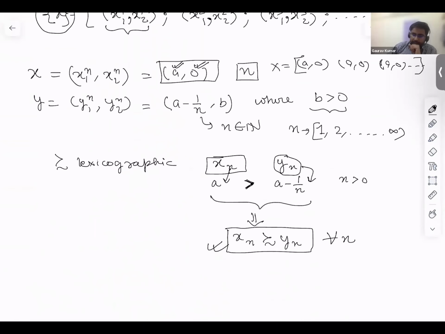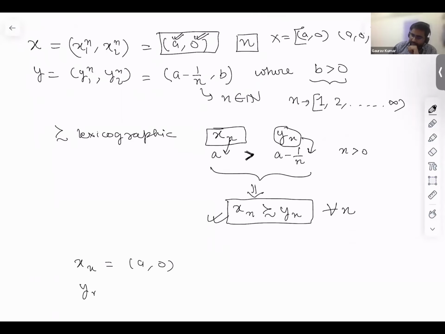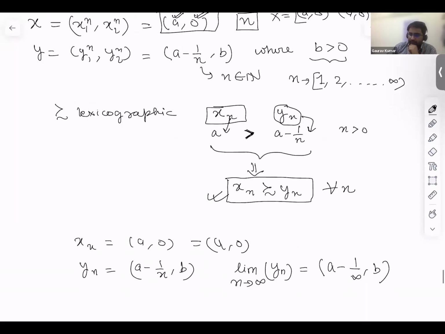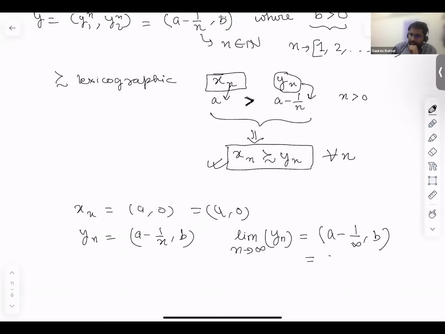Now x_n is (a, 0) and y_n is (a minus 1 by n, b). So now let's take the limit as n tends to infinity for this sequence y_n, and what you get is (a minus 1 by infinity, b). For x_n you will still have (a, 0) because this is not varying with n. So what you get for y is (a, b), because 1 by infinity will be 0.